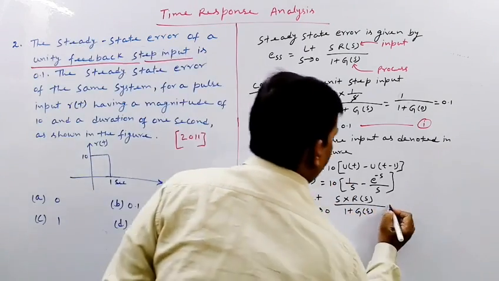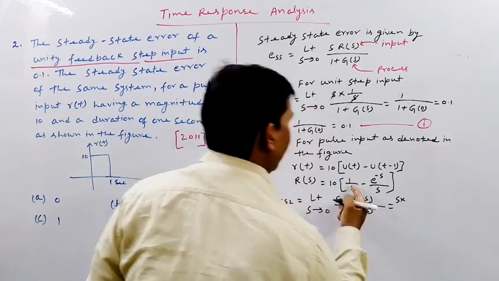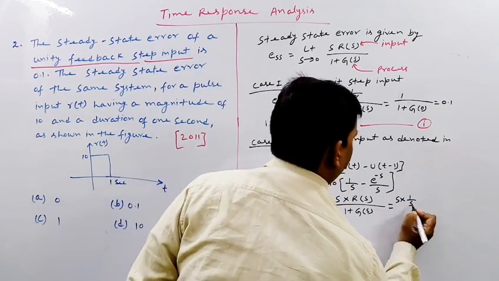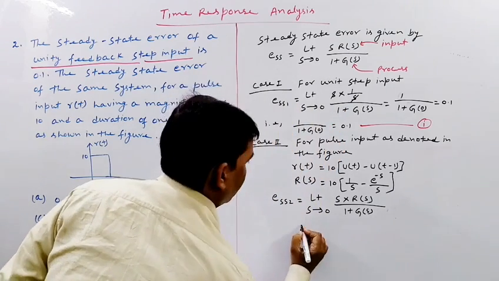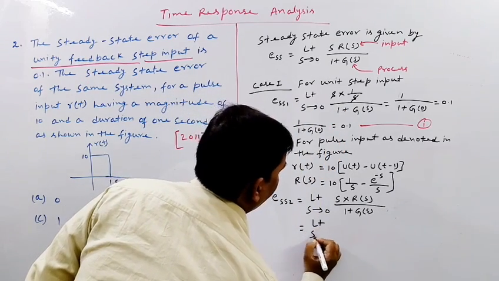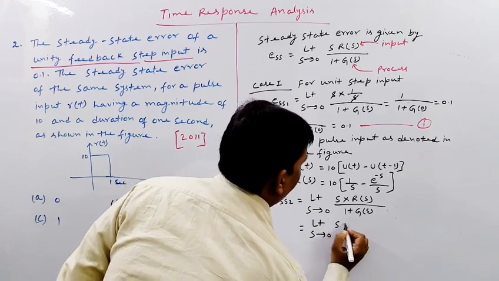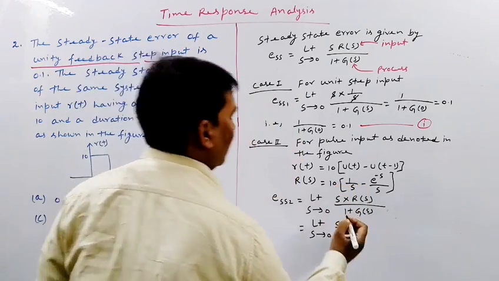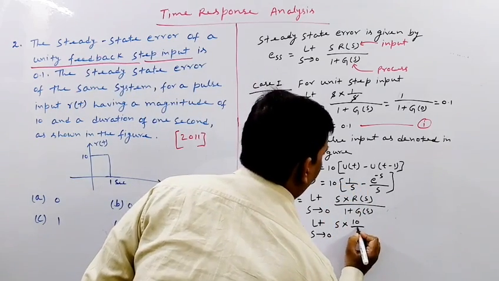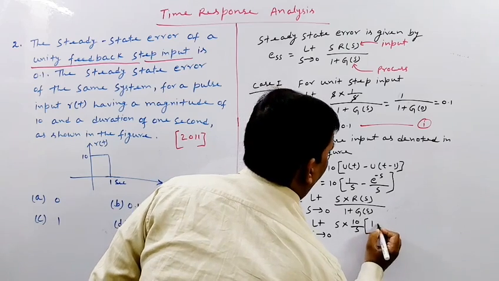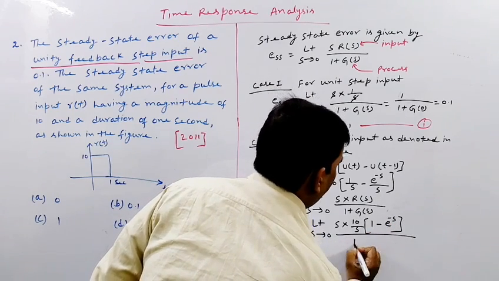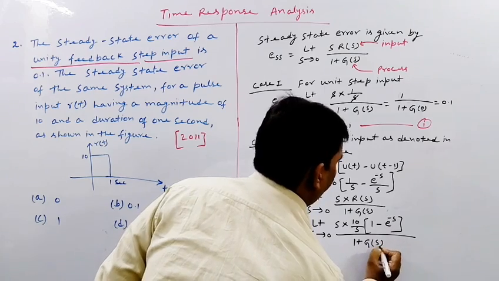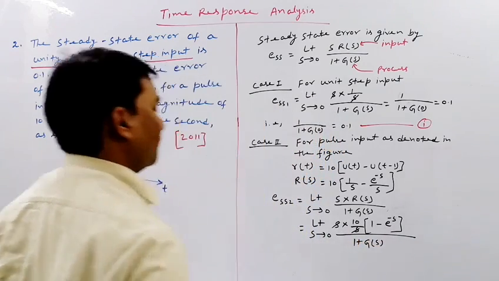If we take 1 by s as common, limit s tends to 0 of s multiplied by 10 by s into 1 minus e to the power minus s, divided by 1 plus G(s). Now s will cancel out each other.